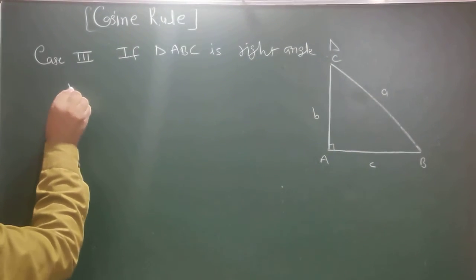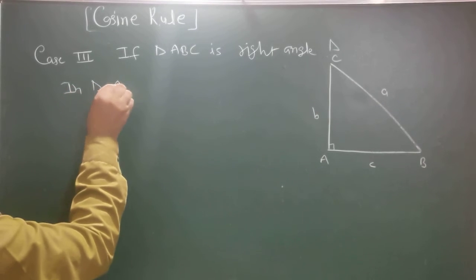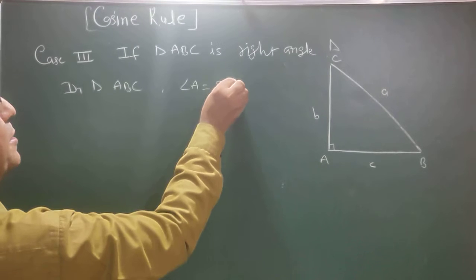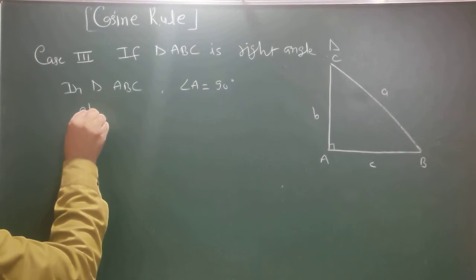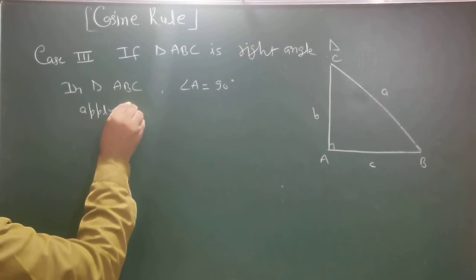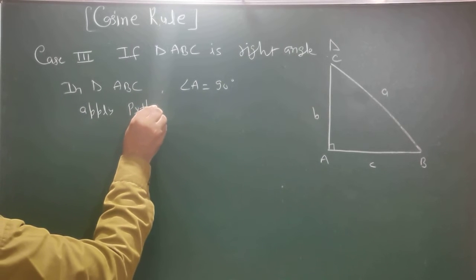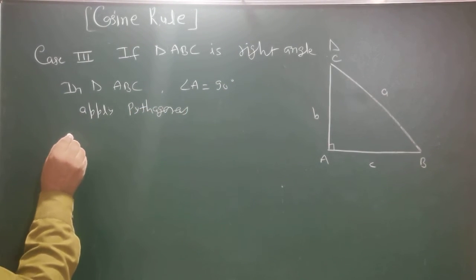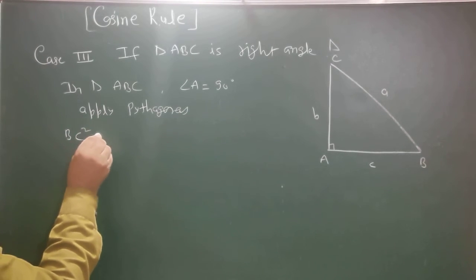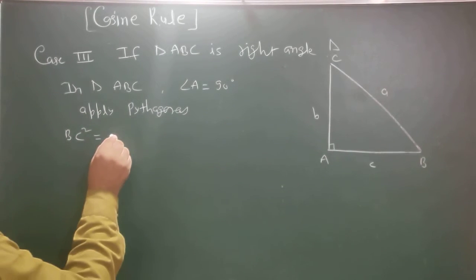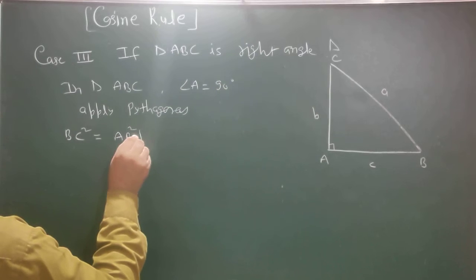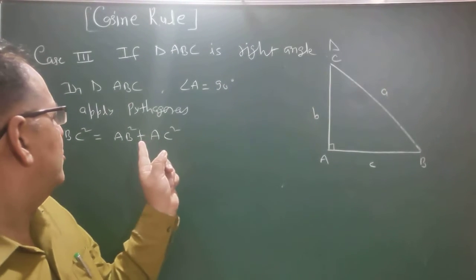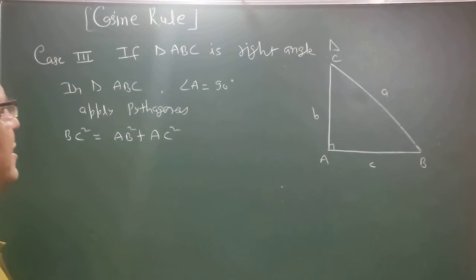So in triangle ABC, angle A equal to 90 degrees. Apply Pythagoras theorem here. So we have BC square is equal to AB square plus AC square.